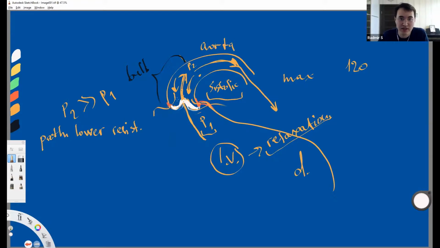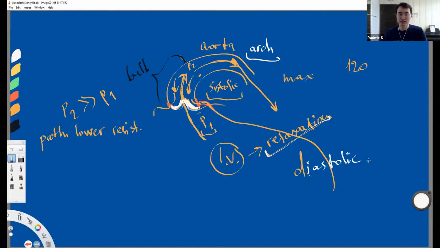It does not let the blood get back to this place. And most of the blood has actually already gone through the aortic arch. And the pressure that is left here at the moment of the relaxation of the left ventricle is called diastolic.